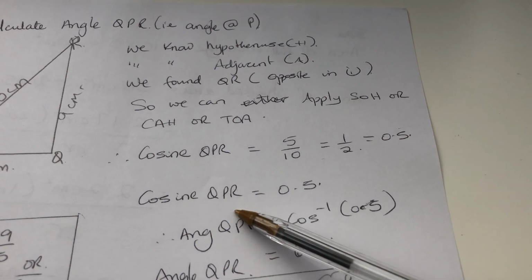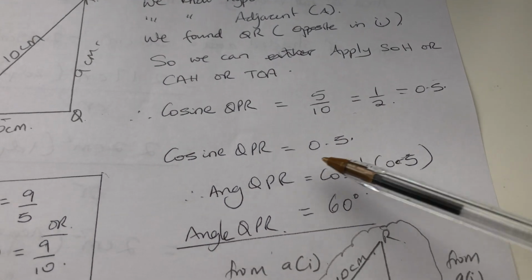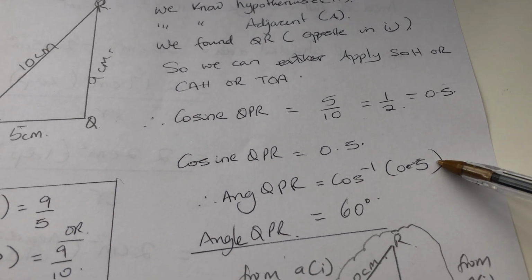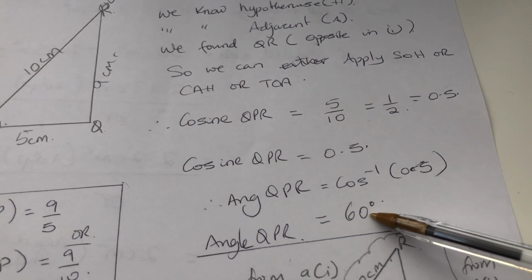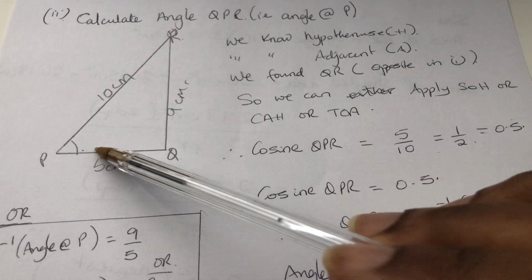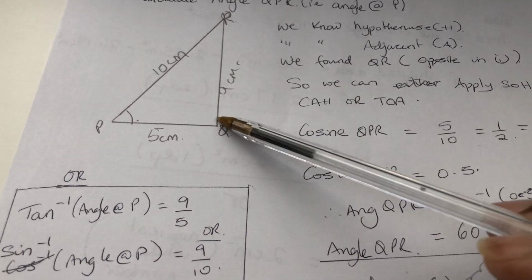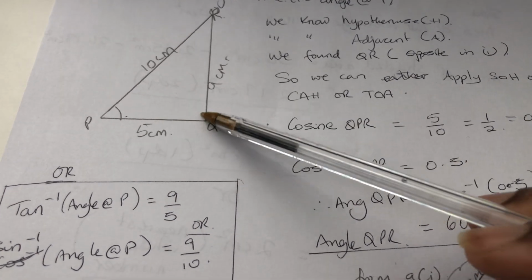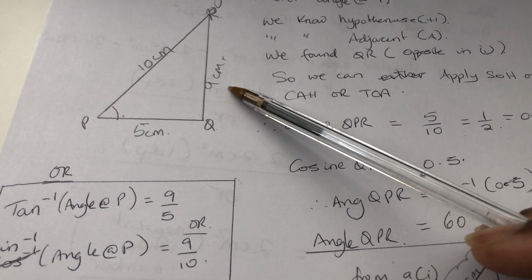So the angle at P will be cos inverse of 0.5, and if you do that on the calculator, you get 60 degrees. So this angle is 60 degrees. Okay. If you want to use the QR you found, you've converted it to 1 decimal place.